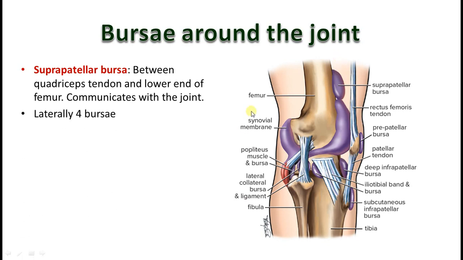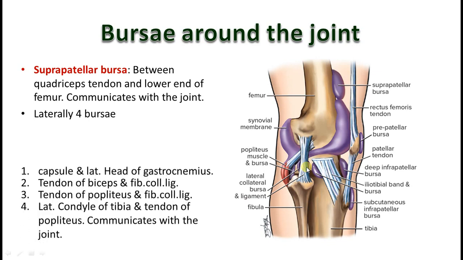Then we have four bursae laterally: mainly two related to the tendon of popliteus, one related to the lateral head of gastrocnemius, and one related to the fibular collateral ligament.